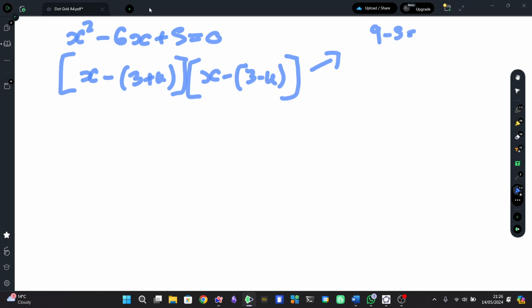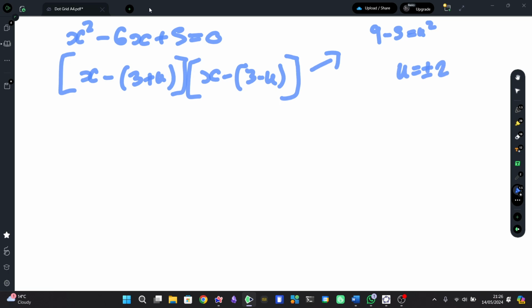Take 5 is equal to u squared, so that's 4, u equals 2. I could do plus or minus 2 technically, but that's why the plus or minus comes from here, so it's okay.